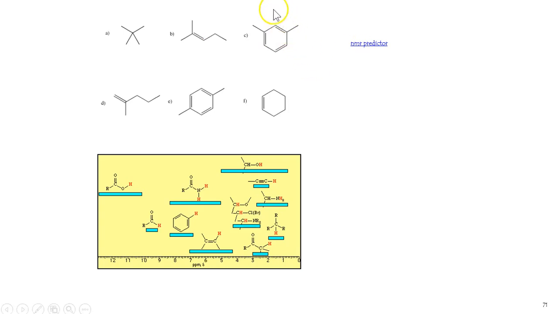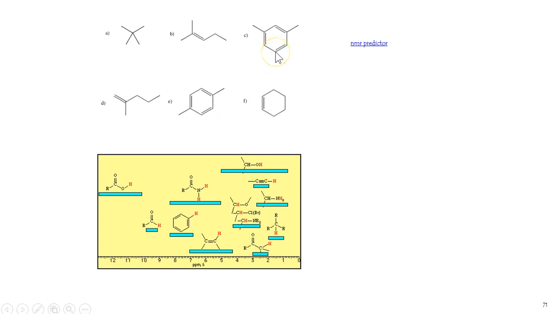This molecule is highly symmetrical down this region, so let's just cover one side of it and say that it's going to be duplicated. This would be a 3H singlet since there are no hydrogens there, and 3 hydrogens is the area of the peak. You'd get a smaller peak down here, somewhere in the aromatic region, 5 or 6 or 7, and that would be a doublet due to the 1 neighboring hydrogen.